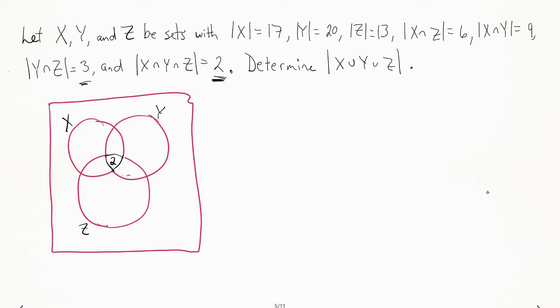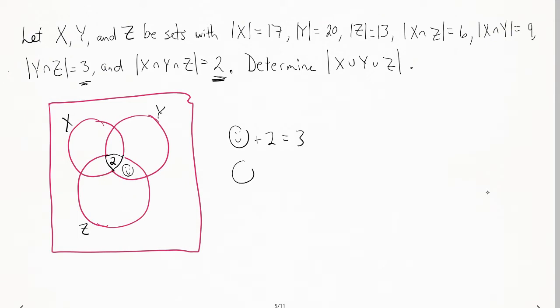So with y intersects z equaling 3, how can we figure out? We've already accounted for 2. Let's call this smiley face for right now. Notice what happens. Our smiley face plus 2 equals 3.